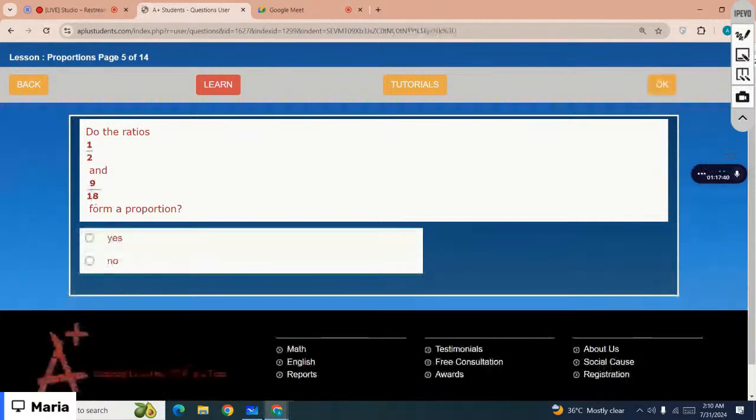Okay, do the ratios 1 by 2 and 9 by 18 form a proportion? Which is the correct option?